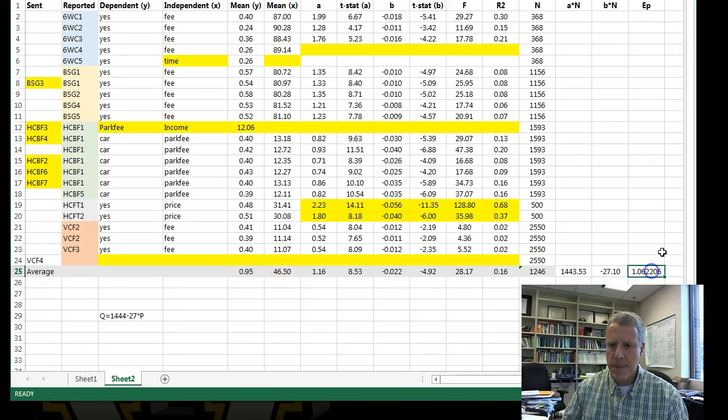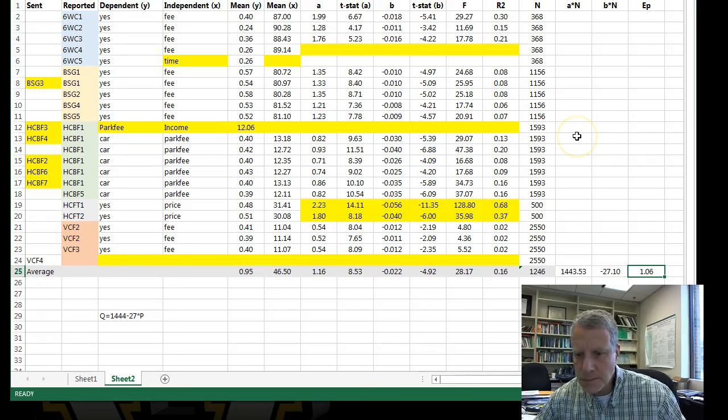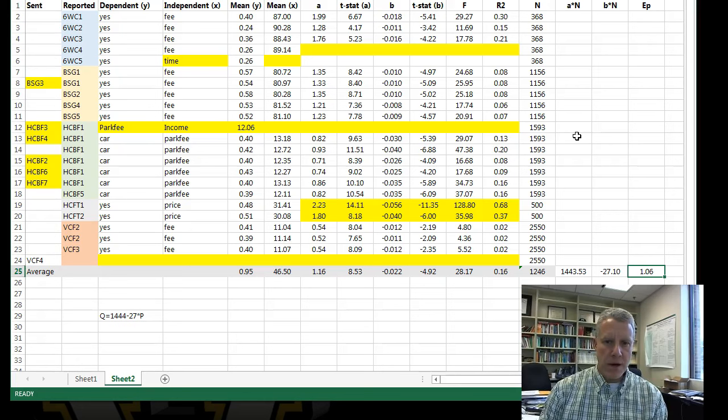Yeah, so our elasticity for the average demand curve for all of these data sets is 1.06.